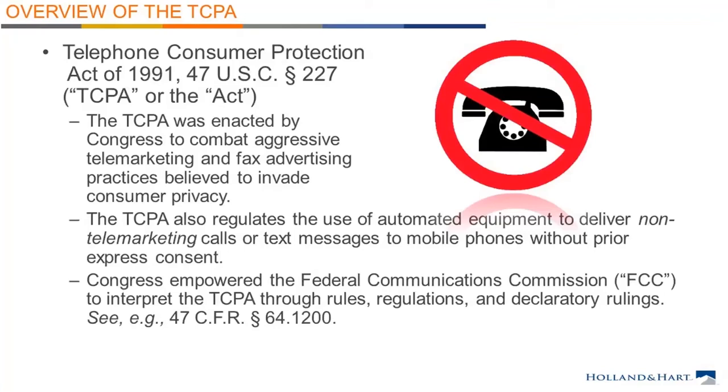Now, the technology has come a long way since 1991, and so the TCPA is now being interpreted to apply to this updated technology. So the TCPA applies to text messages and to calls to mobile phones.